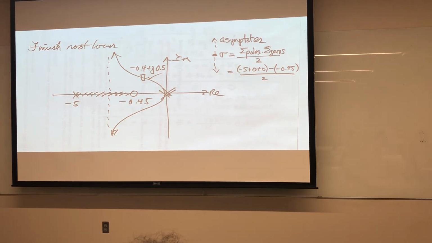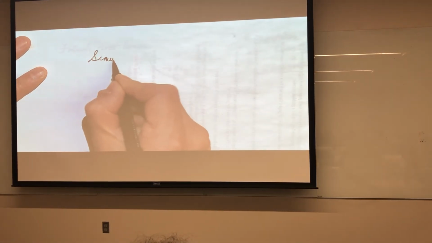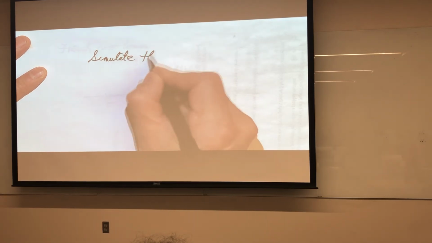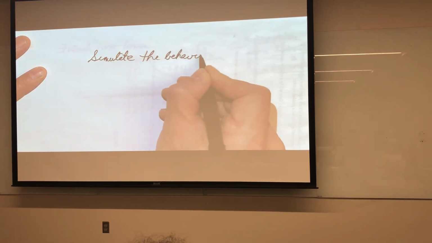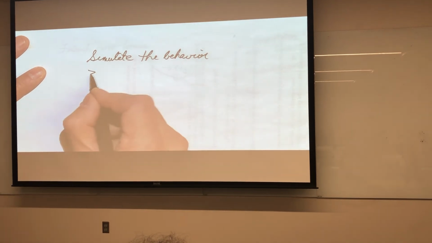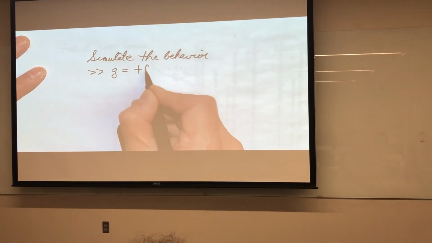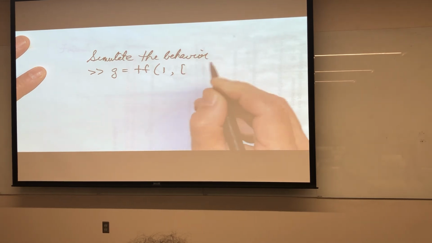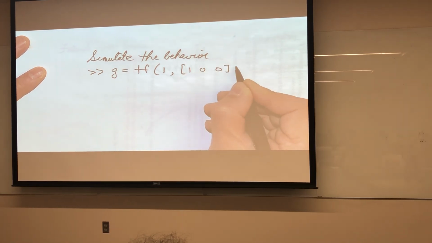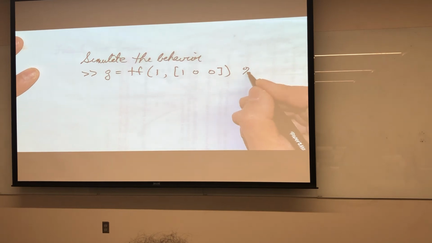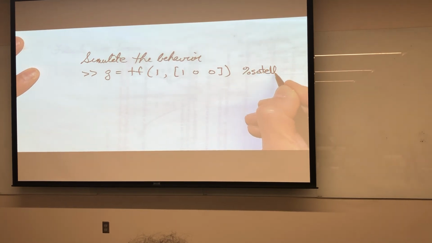Now, we got a few minutes. Let's suppose you were to put this into a simulation and ask, does this really work? One of the things we'll do as an engineer is simulate the behavior. And so we're going to say our plant G is a transfer function. The numerator is 1, and the denominator is s squared. So this is the satellite. Okay?